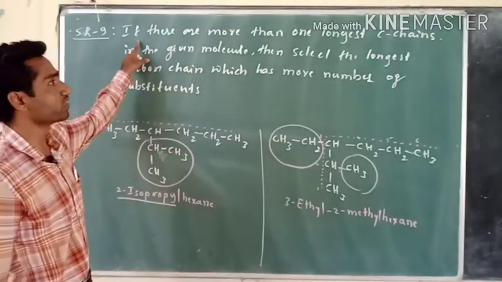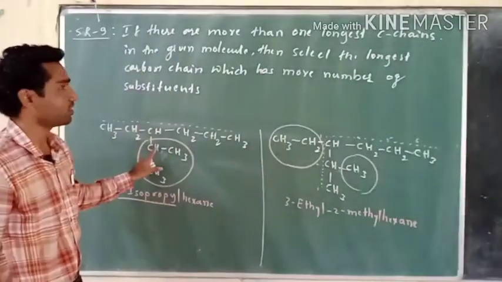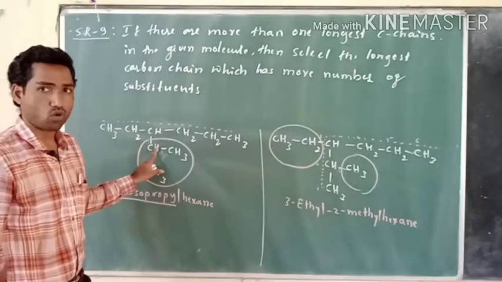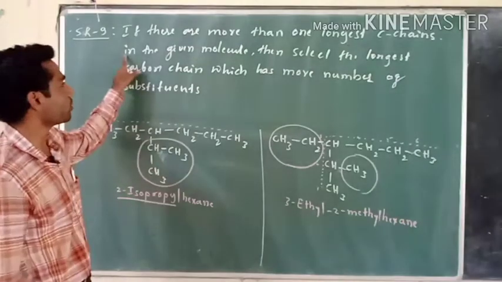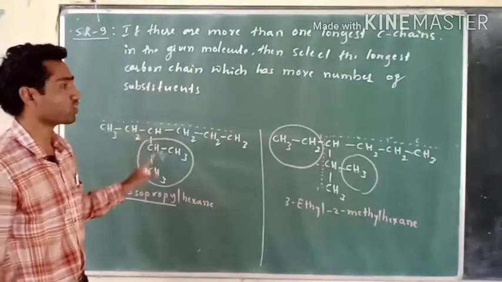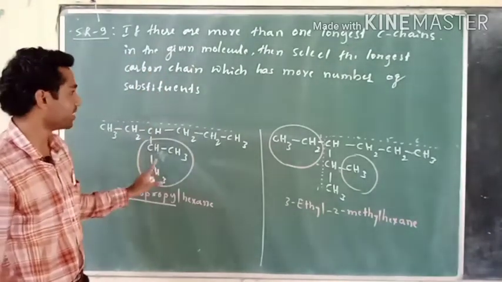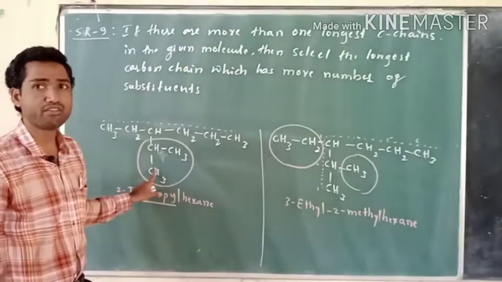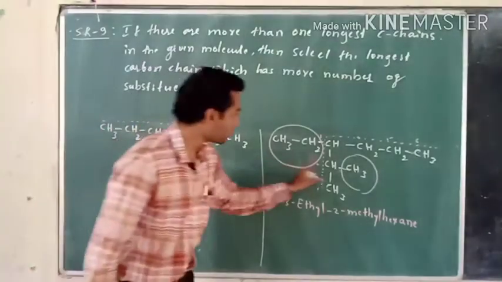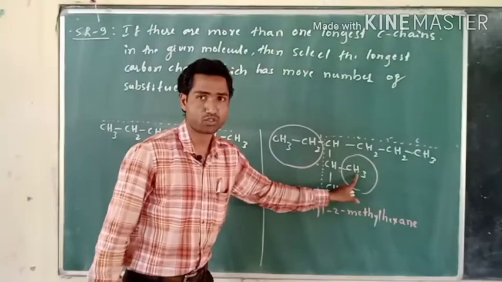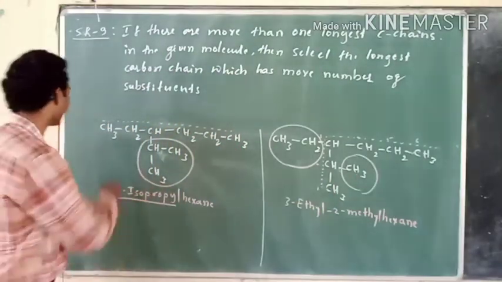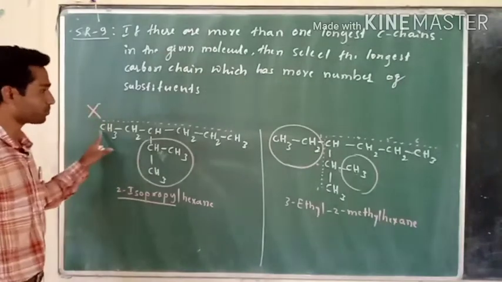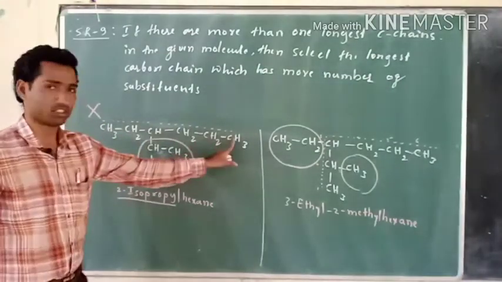If there is more than one possible longest carbon chain in the given molecule, select the longest carbon chain which has more substituents. Here we have 2 substituents; in the other case we have only one substituent, isopropyl. Therefore we are not supposed to consider that as the longest carbon chain.